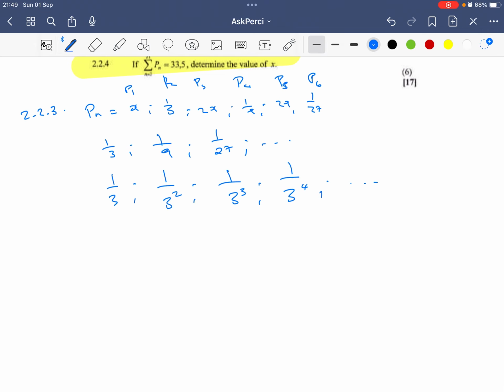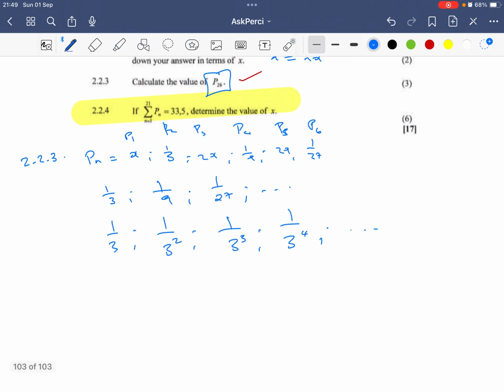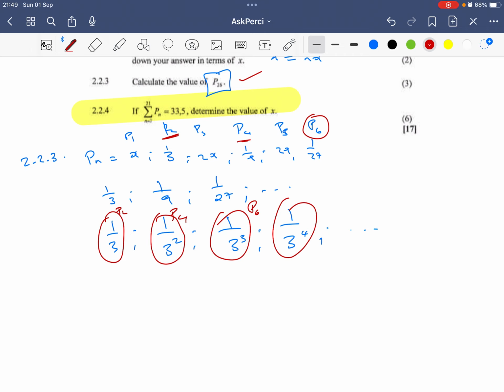Please note this, you will do it this way. So P26. Note these numbers here: 1 over 3 is the second term. 1 over 3 power 2 is the fourth term, P4. 1 over 3 power 3 is the sixth term, P6. 1 over 3 power 4 is the eighth term.